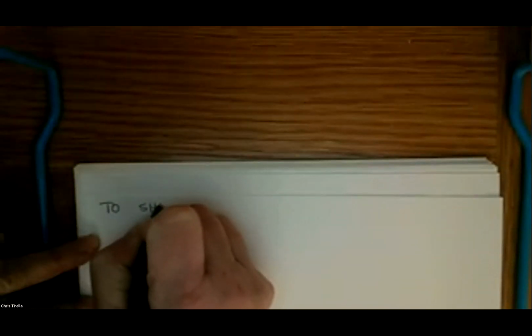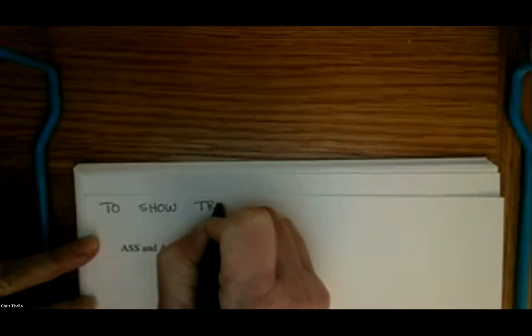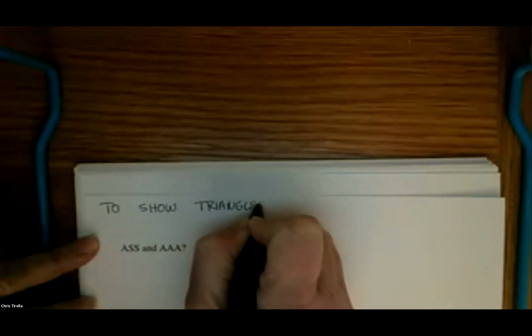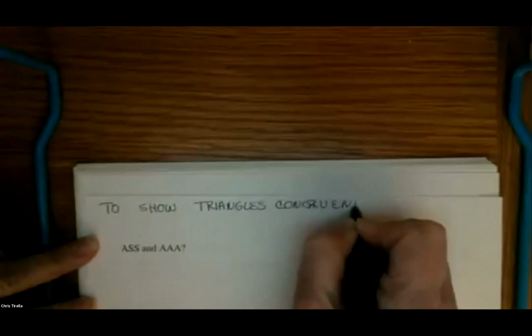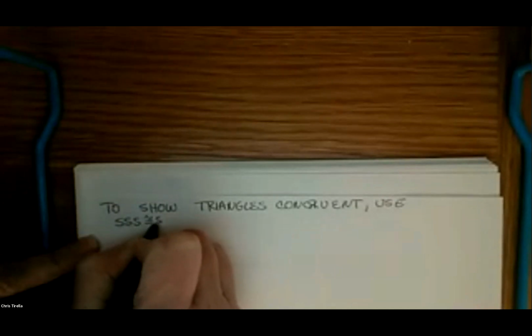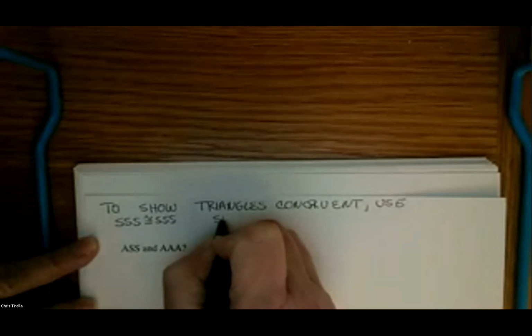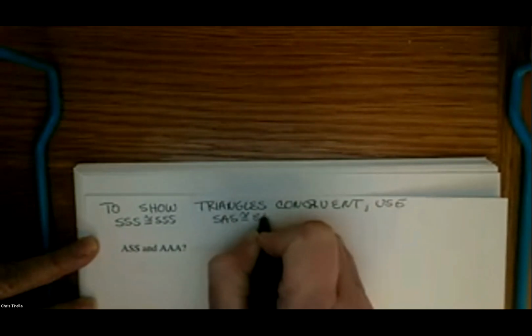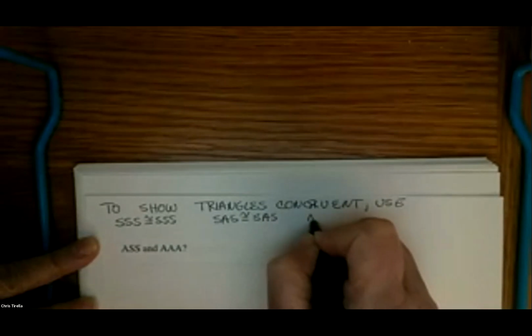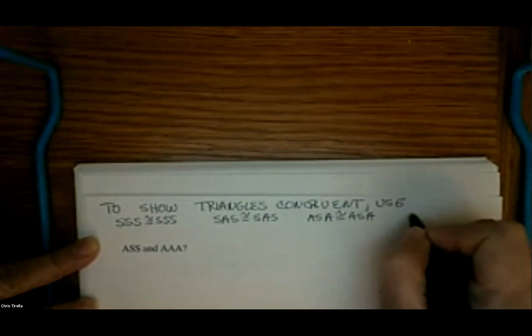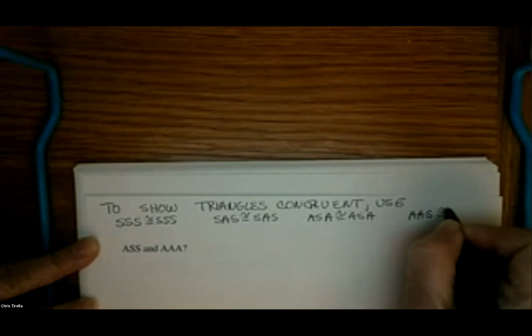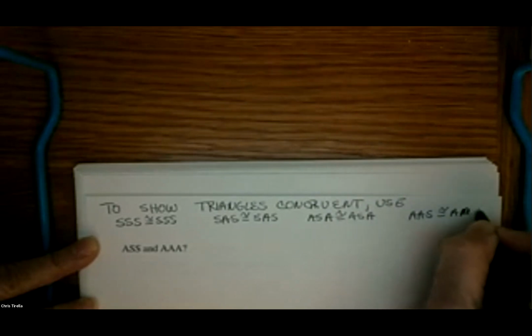So we're going to say that to show triangles congruent, we can use these four: side, side, side, congruent to side, side, side; side, angle, side, congruent to side, angle, side; angle, side, angle, congruent to angle, side, angle; and angle, angle, side, congruent to angle, angle, side.